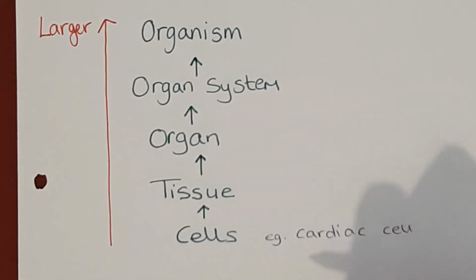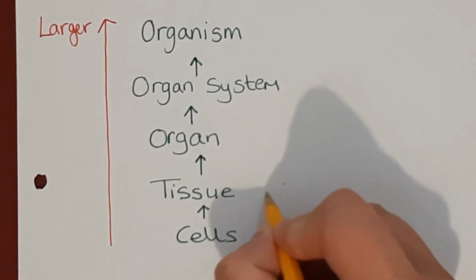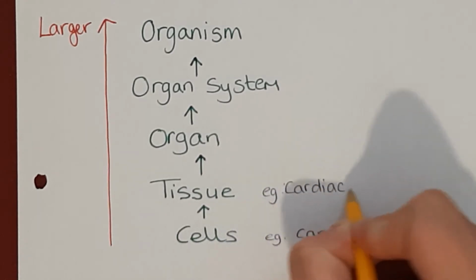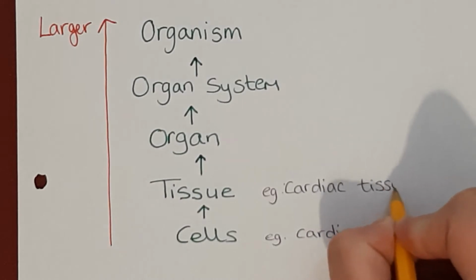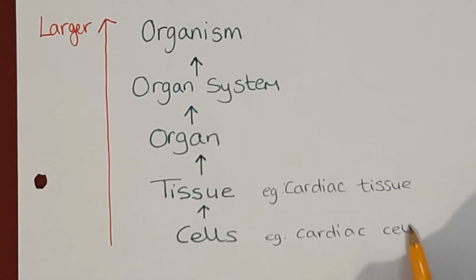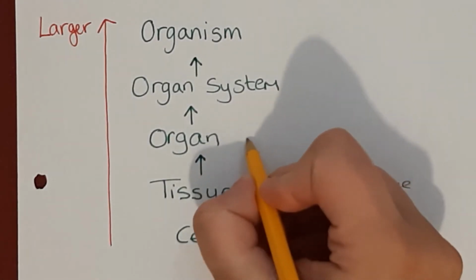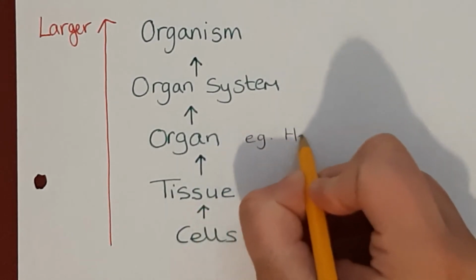The tissue then would be cardiac tissue, which is just a group of cardiac cells of different types, and they are all grouped together to make up a chunk of the heart or a part of the heart. And then above that, the organ in this case would be the heart.